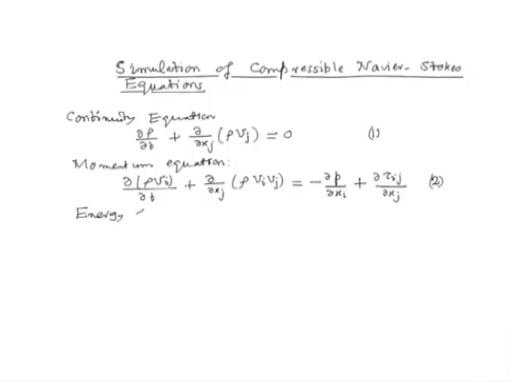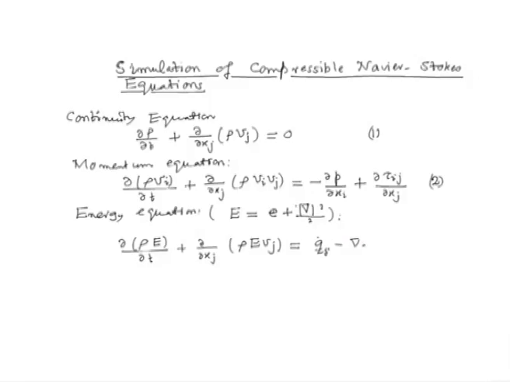Similarly, we can write our energy equation, wherein we write the equation for total energy, that is E is equal to our internal energy plus the kinetic energy, is equal to our heat generation term minus the diffusion term, minus (P v_i),i plus (tau_ij v_j),i.